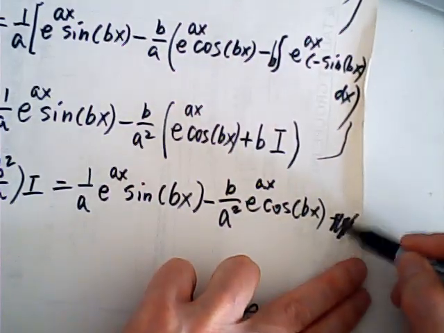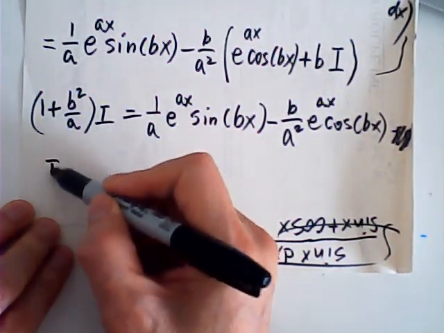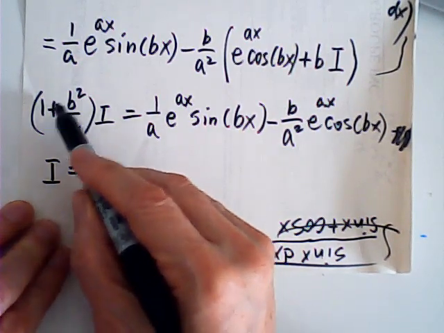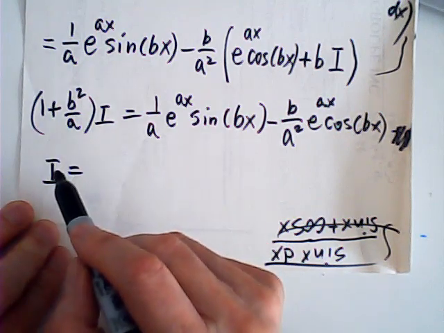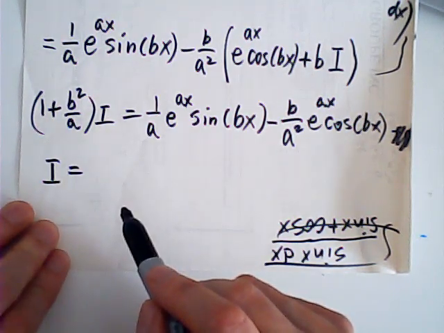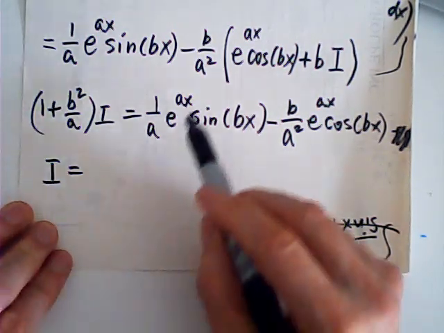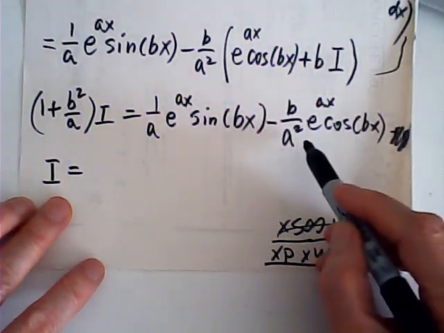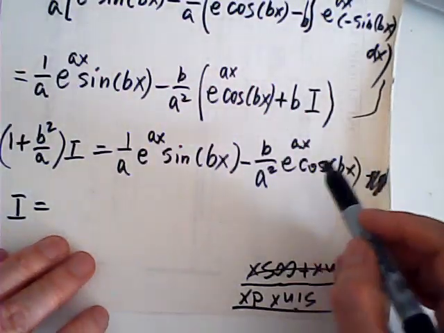No, I haven't done yet. It's still the integral there. Now then, my I is this, right? This is a square over plus b square over a, right? No, this is a square, right? A square.